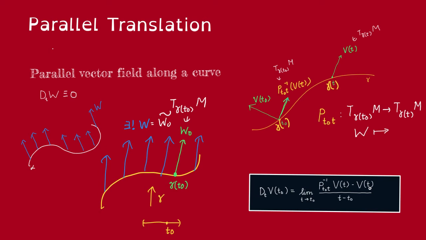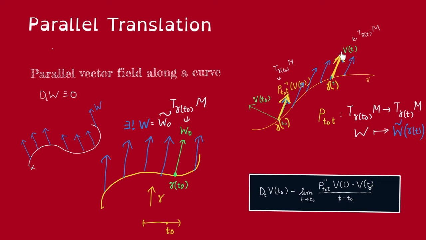It will take every vector w, extend it to a parallel vector field along gamma, and then send it to the value of this parallel vector field at the point gamma t. Thus the image of this w here is this vector here in this picture.